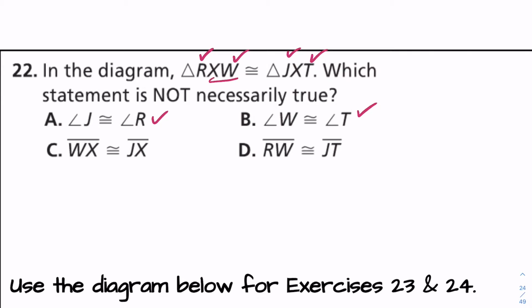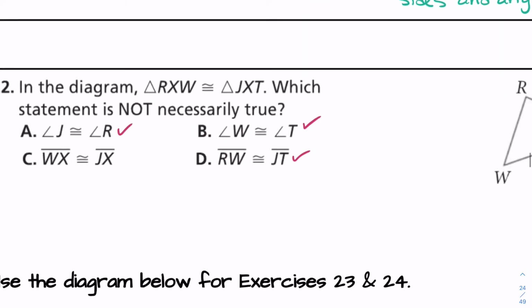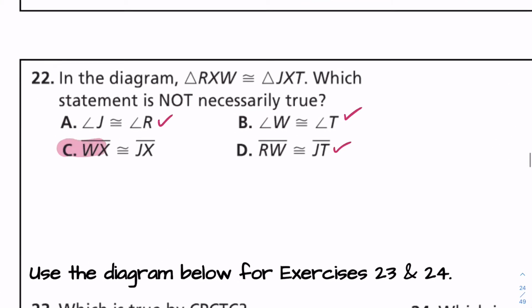WX, so going this way, WX and JX. Ooh, that one doesn't look that good. And let's see, RW and JT, those look good. So it looks like the one that doesn't work is this one right here.